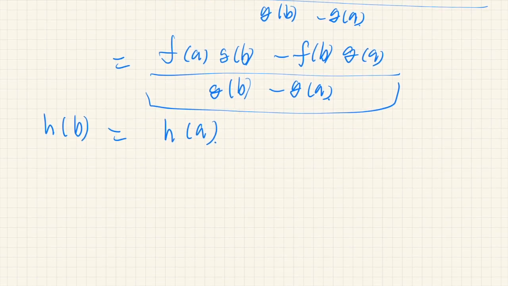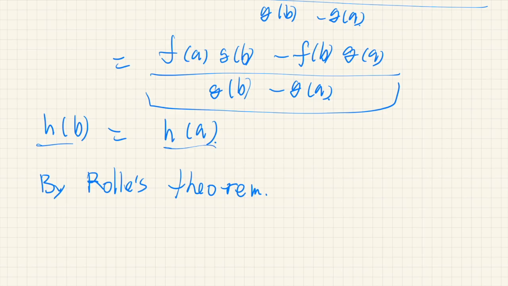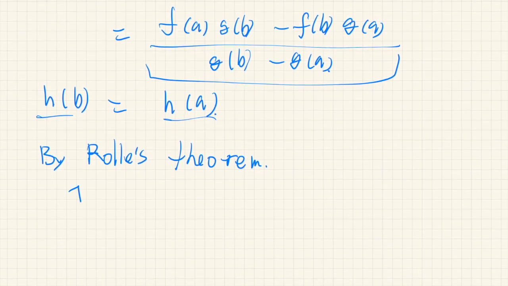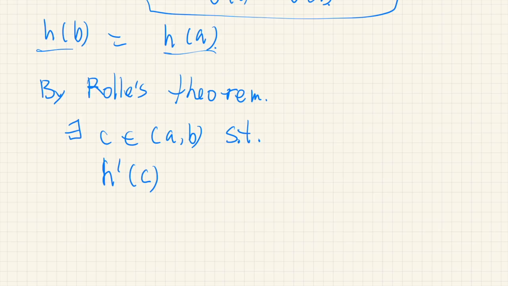So this, okay, we can apply Rolle's theorem. By Rolle's theorem, remember? It's a special case of the mean value theorem, but since the endpoints have the same value, there exists some constant c between a and b such that the derivative of h at c is equal to 0.